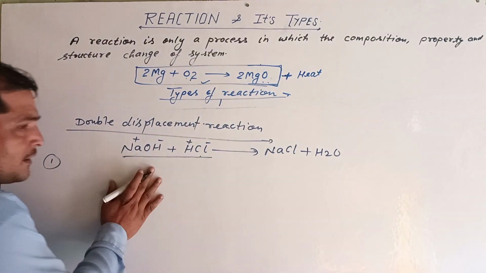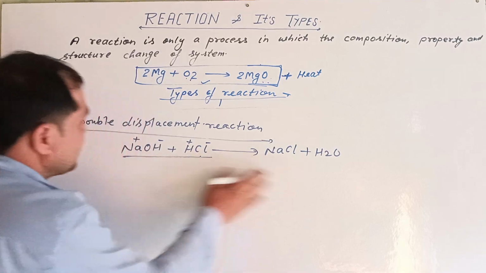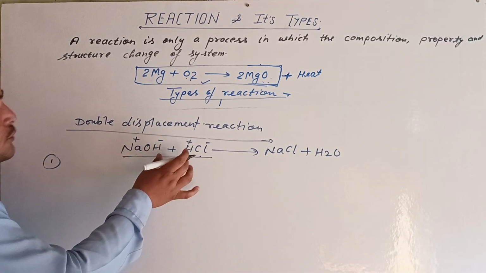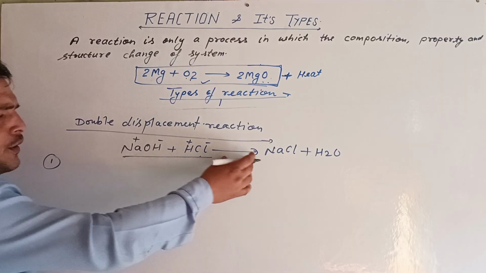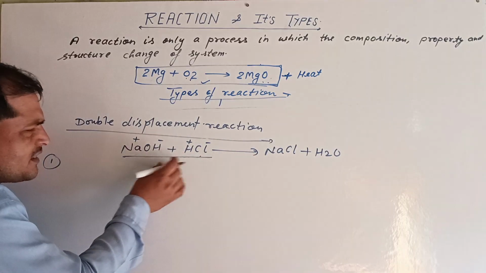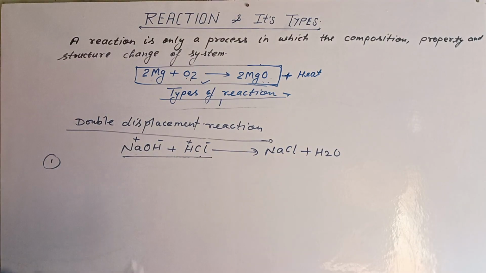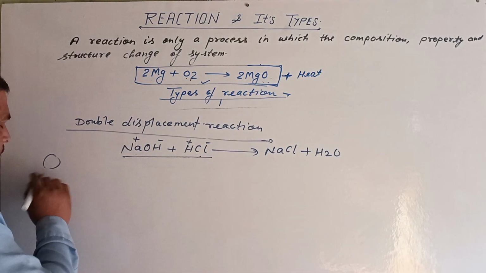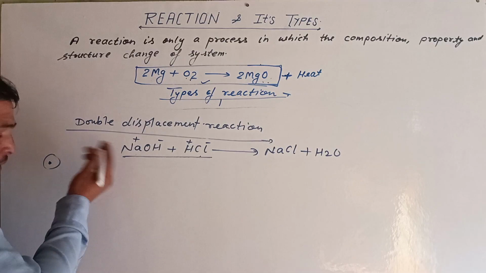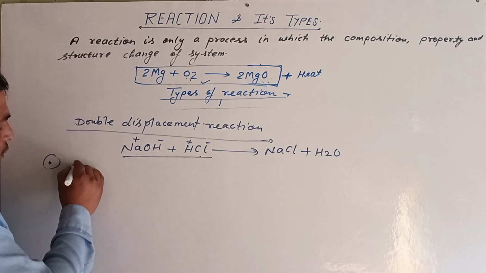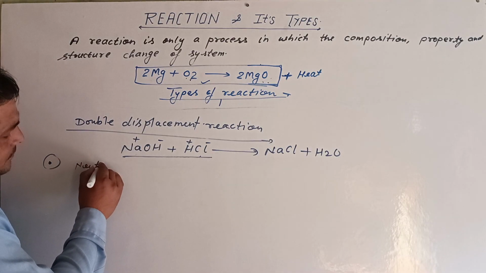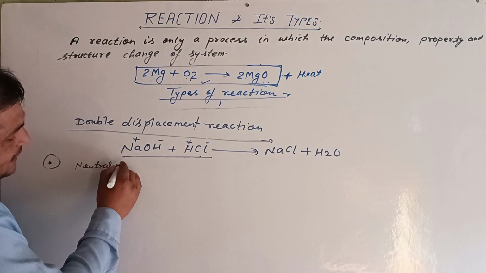So double displacement has now been described: when two compounds during a chemical reaction exchange their ions, this type of reaction is known as double displacement reaction. Now let us go forward and learn about neutralization reaction.